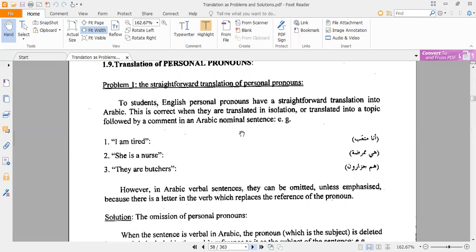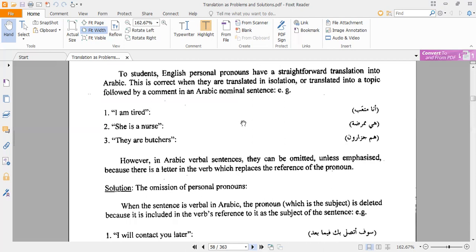I is rendered as أنا, she as هي, they as هم, we as نحن. But also, if they are translated into a topic followed by a comment in Arabic nominal sentences, the same applies. For example, "she is a nurse": if I don't translate "she" and say "ممرضة", this is ... who is the nurse?